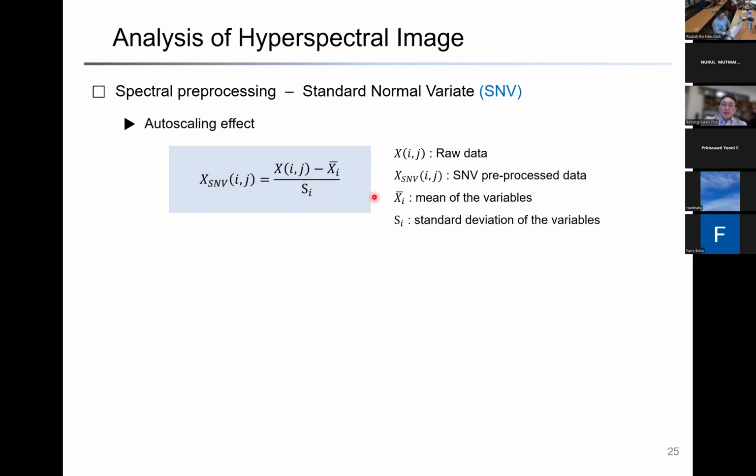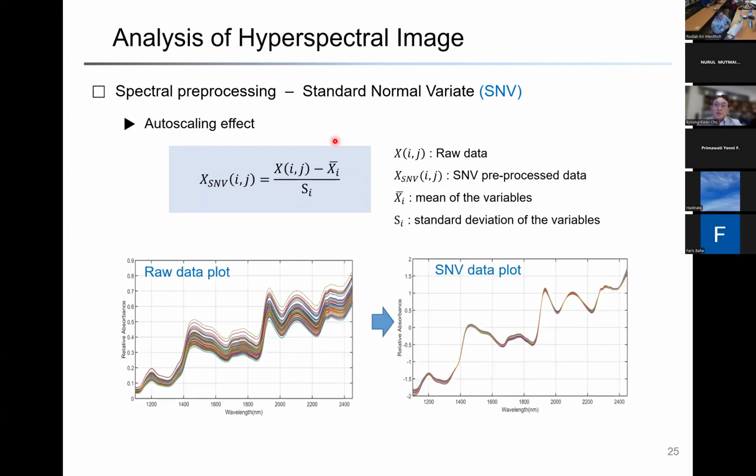So SNV provides an auto-scaling effect. The mean of the spectrum values becomes 0, and the standard deviation of the spectrum becomes 1.